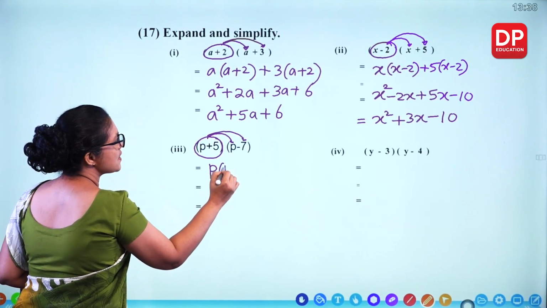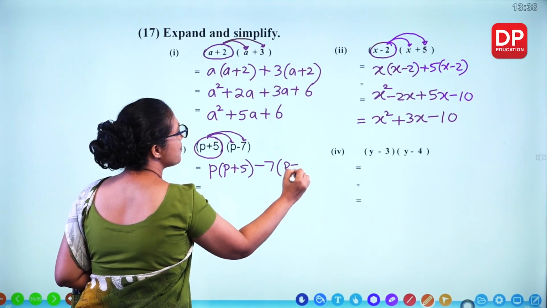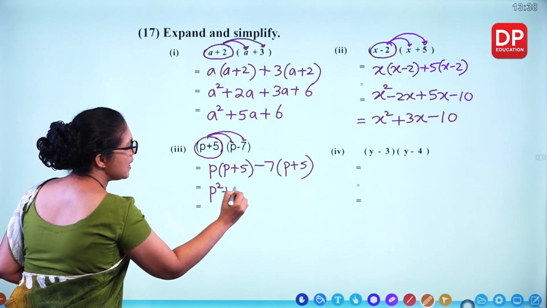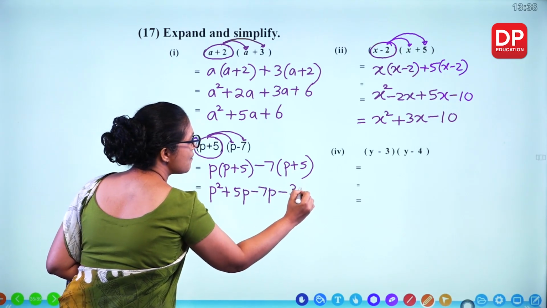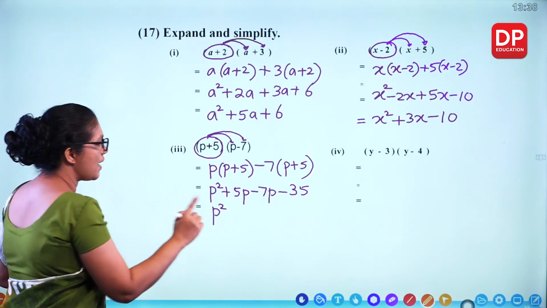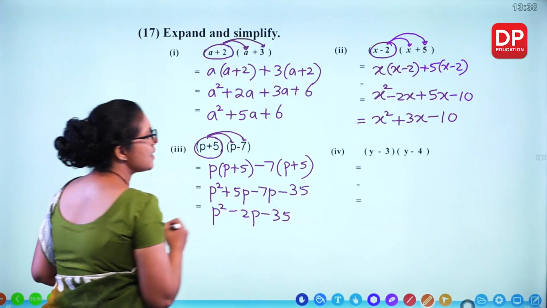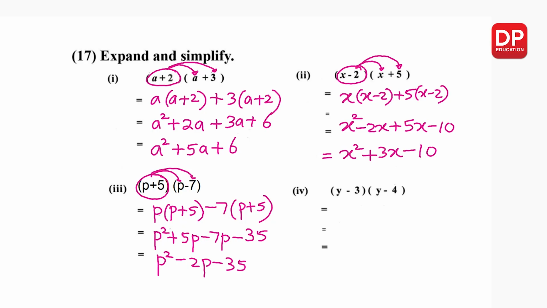This one, this whole expression with this and this. p with p plus 5 and minus 7 with p plus 5. p squared plus 5p minus 7p minus 35. So you get p squared, minus 7 and plus 5 is minus 2p, minus 35. This one, y with y minus 3 and minus 4 with y minus 3.